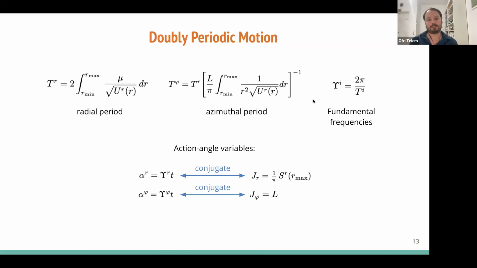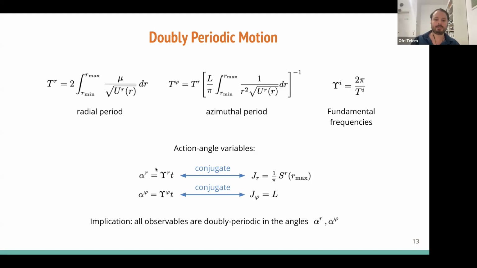And it's very convenient to go to action-angle variables. I'm not going to give a whole refresher on classical physics here, but the way you usually do celestial motion is you go to these conjugate variables, angles and their corresponding action variables. The idea is that these angle variables just grow linearly with time, and the rate is given by the fundamental frequencies.